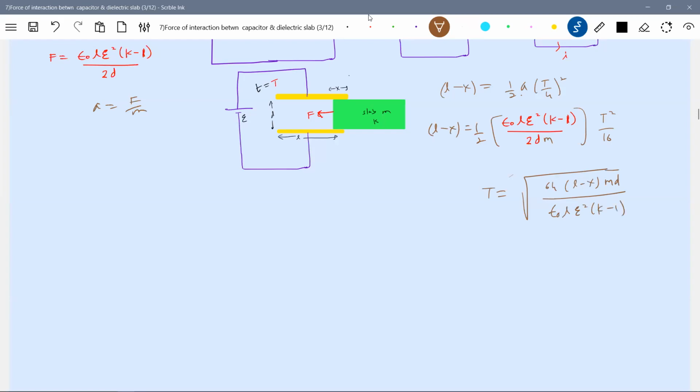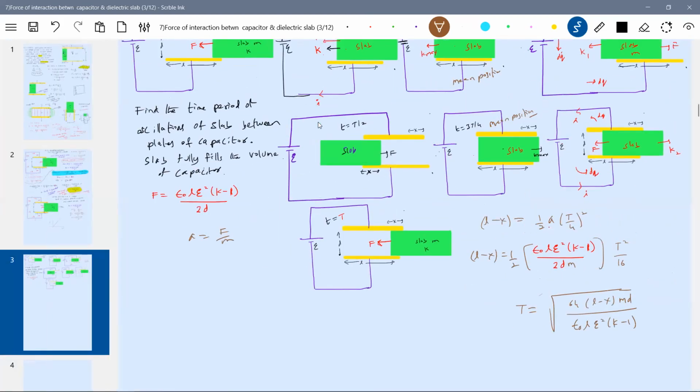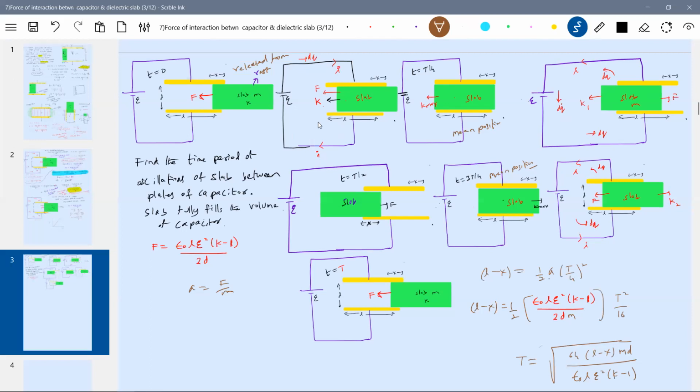Does the time period depend on the applied EMF? The answer is no. Does the time period depend upon the x length of the slab between the plates? Yes, it does. Because if you make x equal to L by 3, you'll get one time period. If you put x equal to L by 4, you'll get another time period.